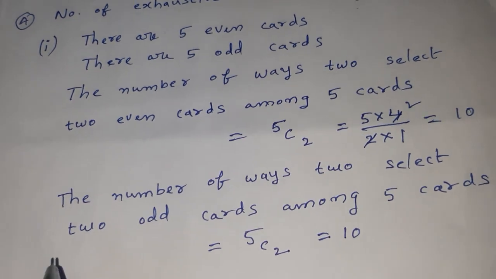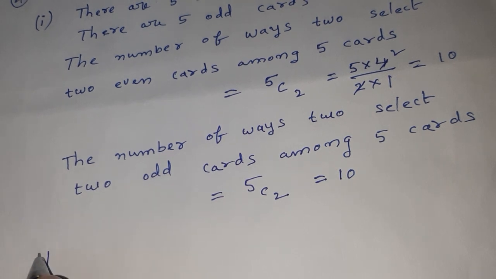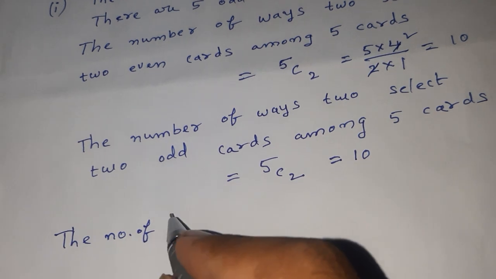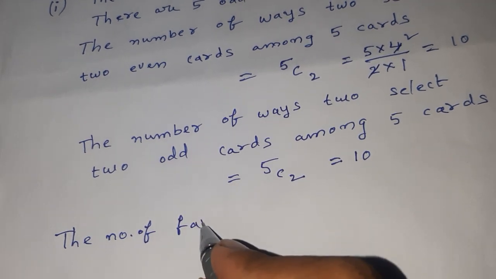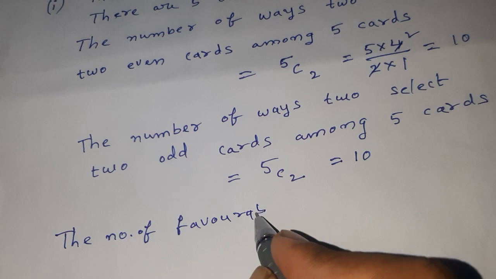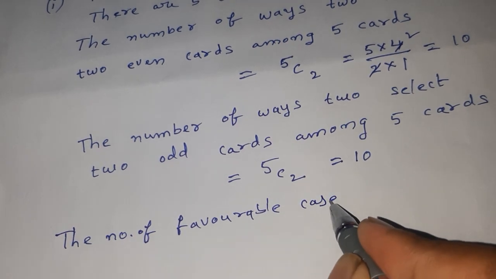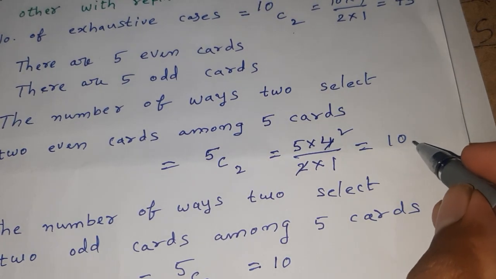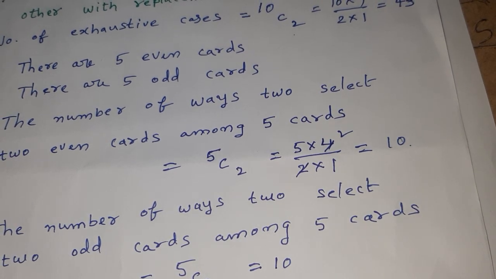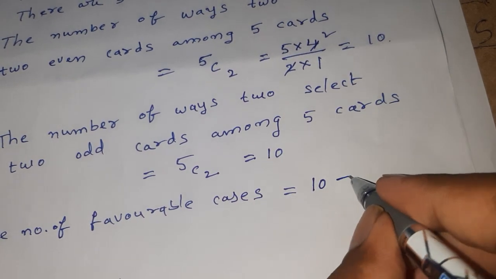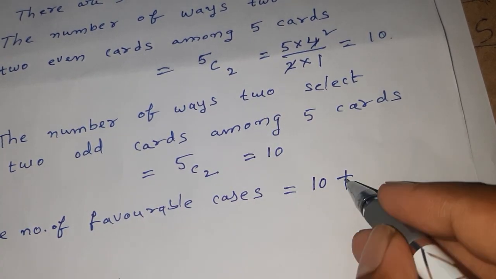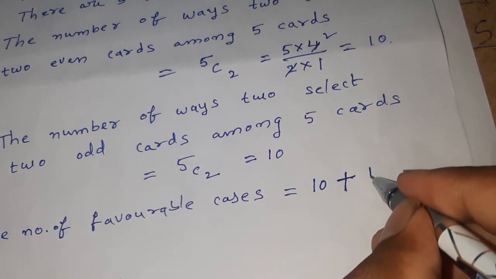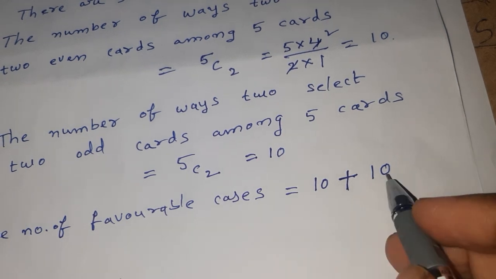Therefore, totally the number of possible ways, the favorable cases, is given as: both of them are even, there are 10 possible ways, or both of them as odd, therefore 10 plus 10.